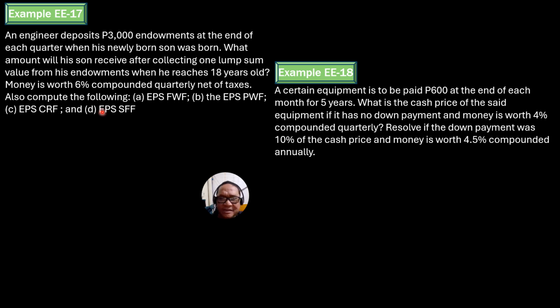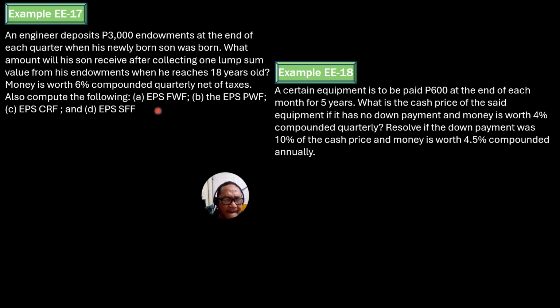So for problem 17, the question is the lump sum. What amount will his son receive after collecting one lump sum? So 3,000 pesos is the payment, and this is for each quarter.